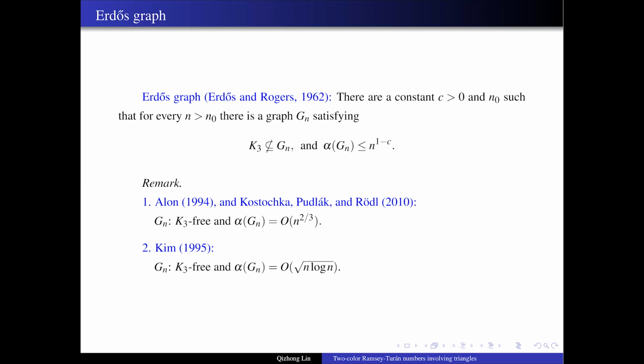And we know there are indeed many other triangle-free graphs with small independence number. In particular, a celebrated result of Kim gives a tight bound on the order of the independence number.